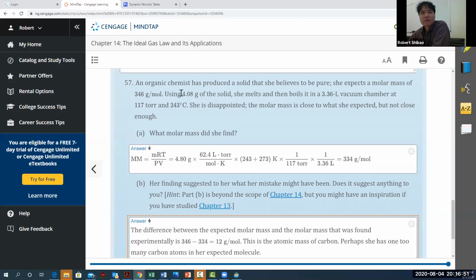If you're an organic chemist, you can't just have a carbon. Usually you've got to have a carbon and a hydrogen, unless it's triple bonded. If it's triple bonded, maybe, but if it's double bonded, you've got to have hydrogens in there. If it's single bonded, you've got to have hydrogens in there as well.